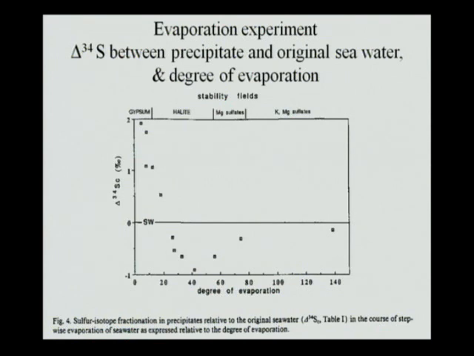Because the precipitate is heavier than the residual water, the last precipitates are much lighter than the seawater they started from. And this is worldwide. One can, in fact, correlate Permian or Triassic evaporites based on the isotopes.